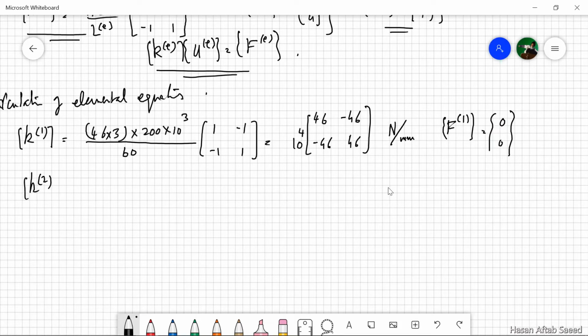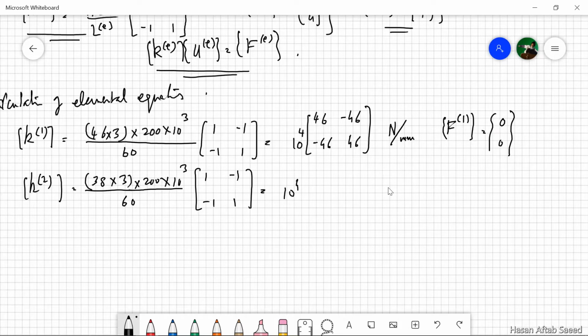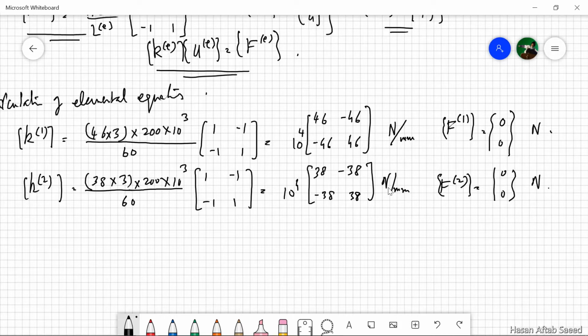Now A2, coming to the second, the only difference being that here the thickness, the width, is different, otherwise it's the same thing. The rest is exactly the same, and in this case this force is in newtons. F2, again like discussed earlier, is 0 newtons.